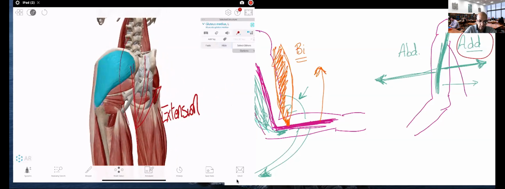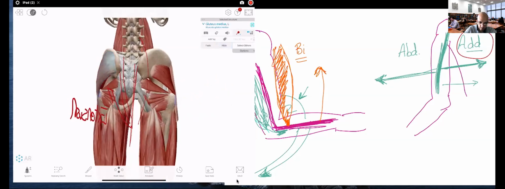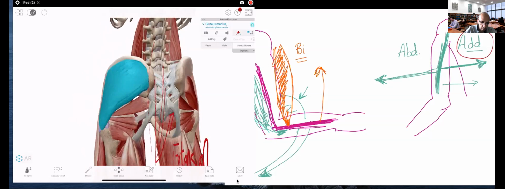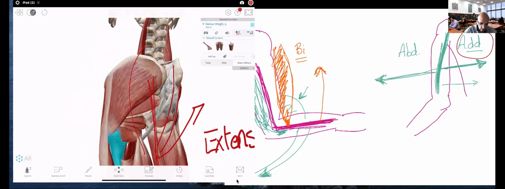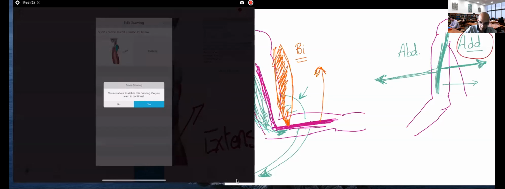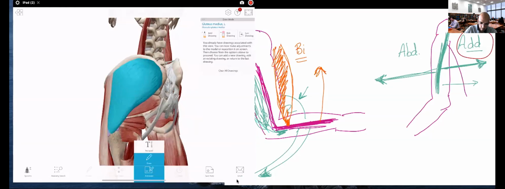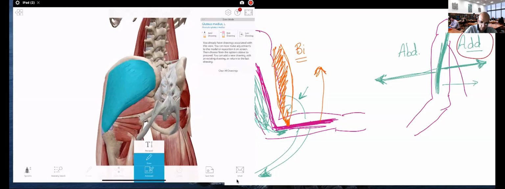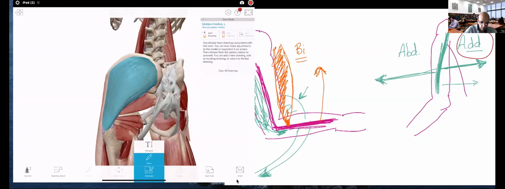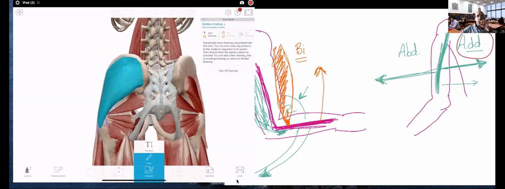It's getting its origin, if you see here, from the iliac bone, to be inserted down in the greater trochanter of the femur. So this allows you to do what movement? You're pulling the greater trochanter like this.